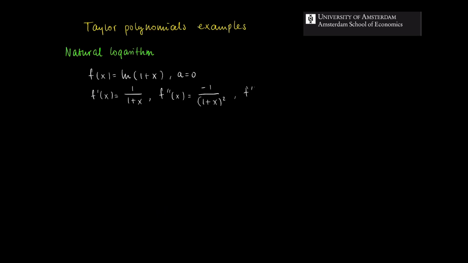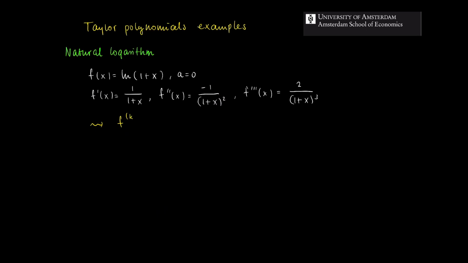And we may continue, right? So for the third order derivative, we keep going; this exponent minus 2 goes up, right? So we get plus 2 divided by 1 plus x to the power 3. Do you see some regularity here?